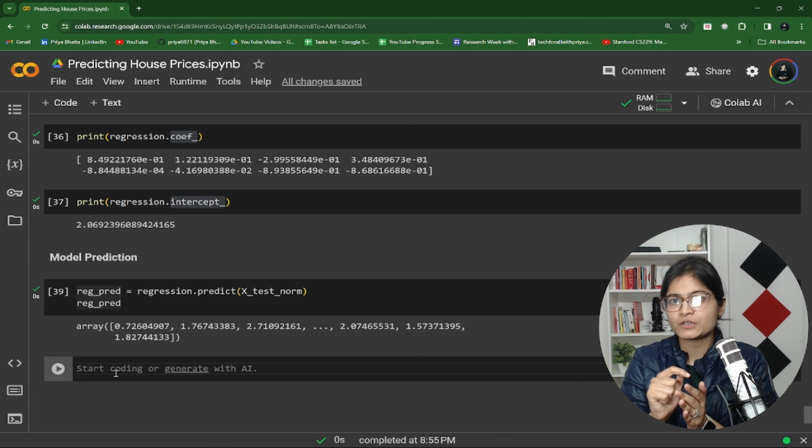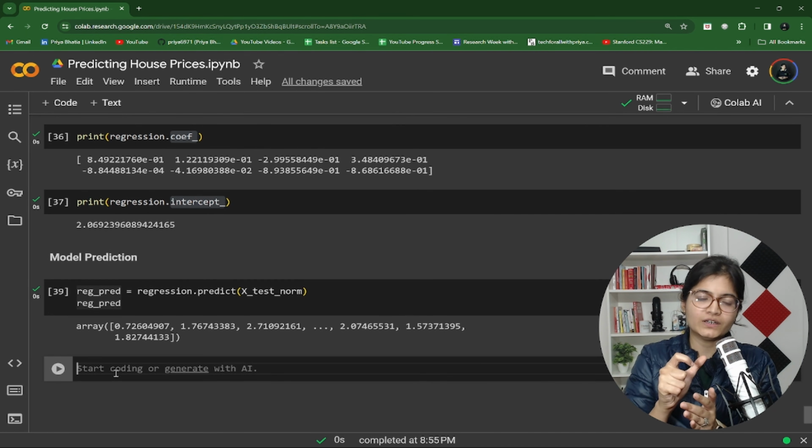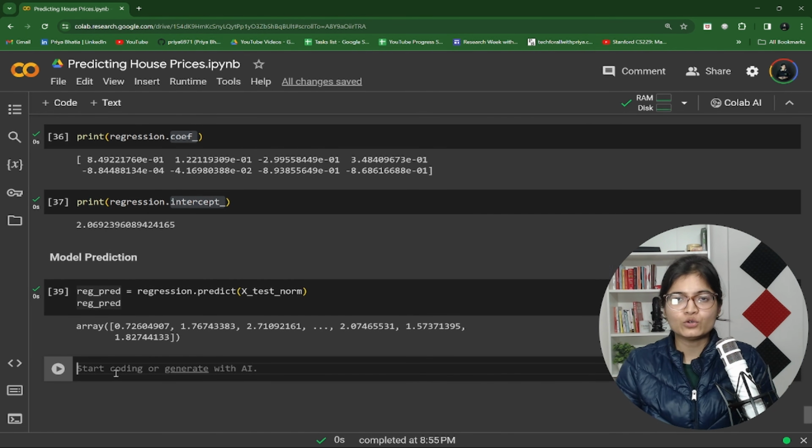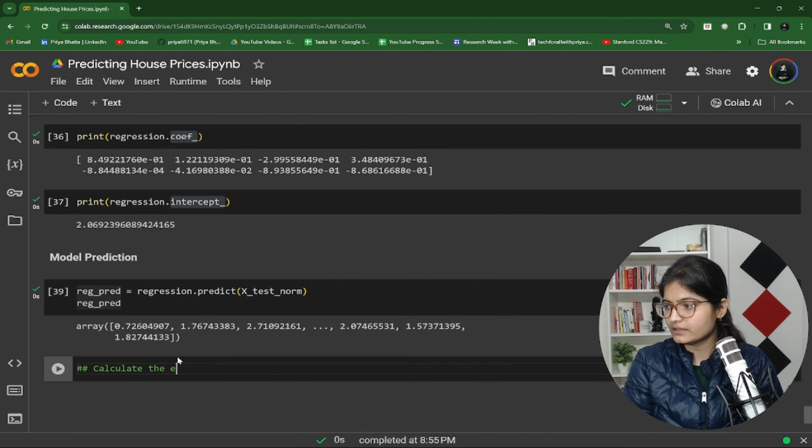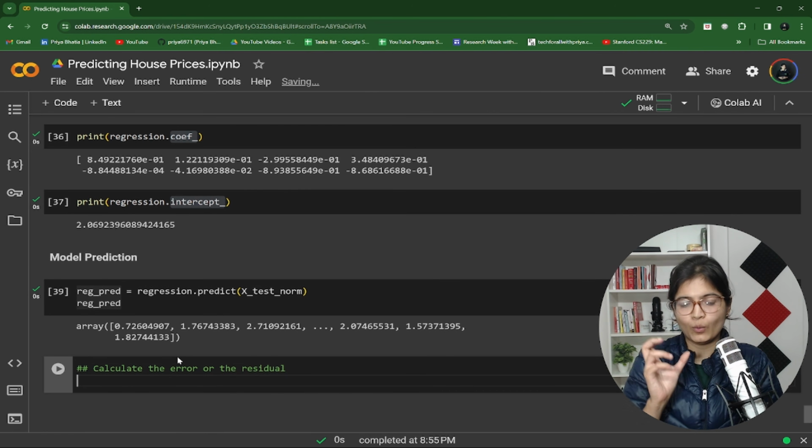As it's a supervised machine learning algorithm, we have the actual y_test data, and now we have the predicted data. So let's try to calculate the error, or you can say the residual. Let's see how it will look.